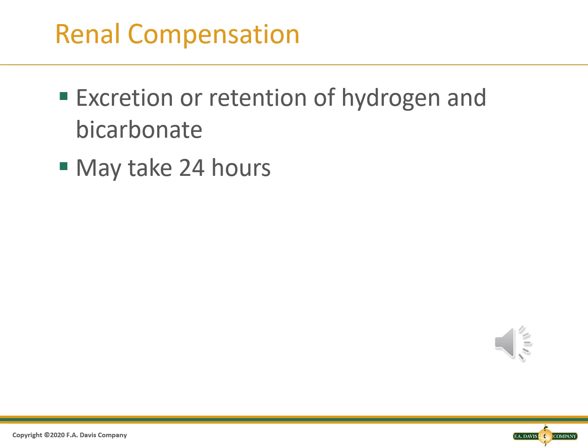If the primary alteration in acid-base balance results from a respiratory disorder, then the renal system may compensate by excreting or retaining hydrogen and bicarbonate. The renal system may take as long as 24 hours to correct a respiratory-induced problem because there are three major renal mechanisms that work to compensate the disorder: tubular kidney movement of bicarbonate, kidney tubule formation of acids, and the formation of ammonium from amino acid catabolism.